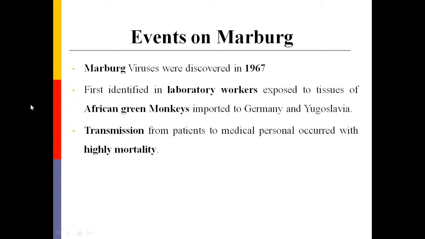Actually, African green monkeys were transferred to Germany to a scientific institute for experiments with other viruses, but these monkeys were infected with a new unknown virus, and some lab workers were infected and died from the new disease.